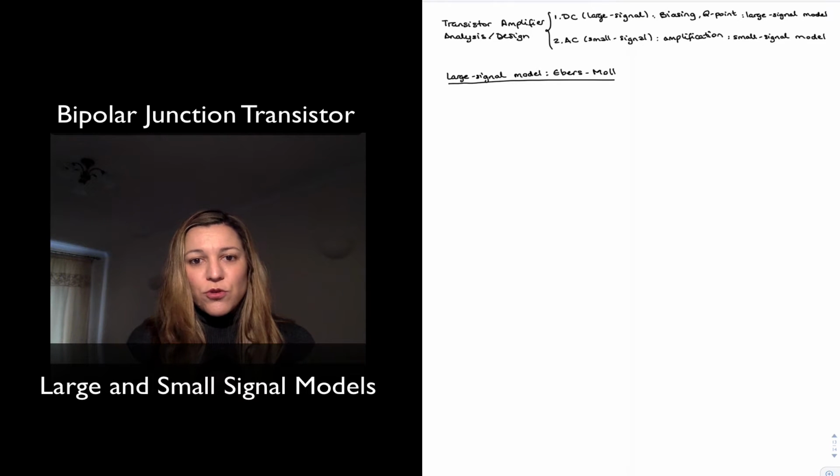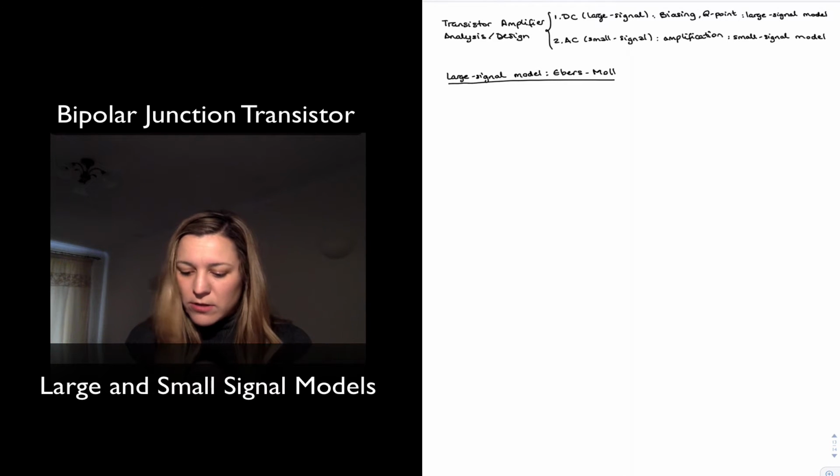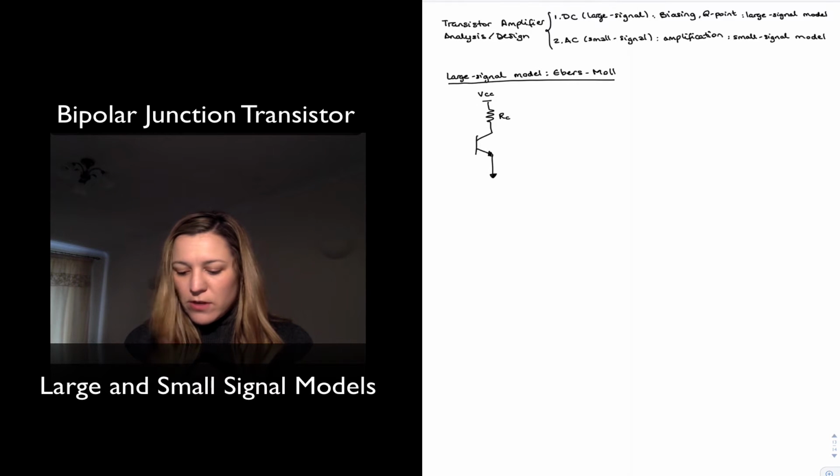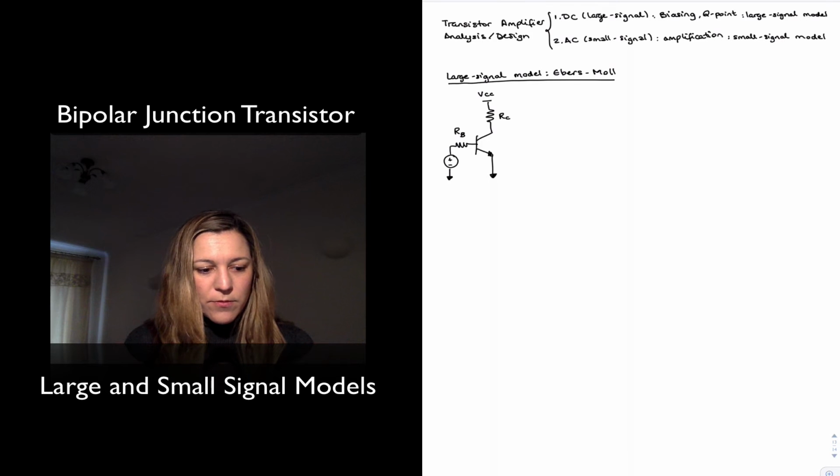I'm going to draw a small circuit so that we can see how the model will be connected or applied within a particular circuit. Let's just do a simple one where we have a transistor connected to VCC via a collector resistor, and then we have a base voltage connected to the base.